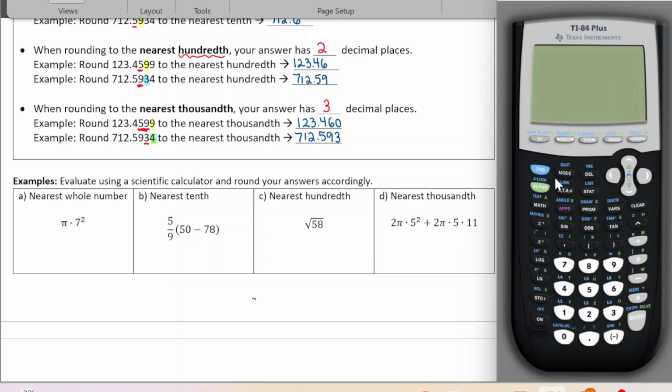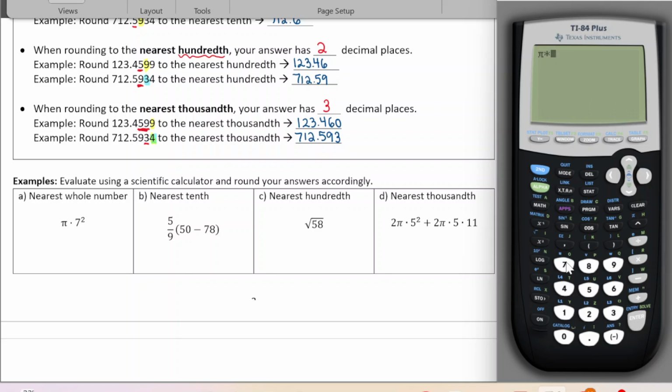Oh, there it is. So sometimes you'll have to press the shift button to find it. See mine here is in the light blue. So pi, and then this little dot, sometimes we'll see that instead of a multiplication symbol, especially if there's any other numbers or symbols.